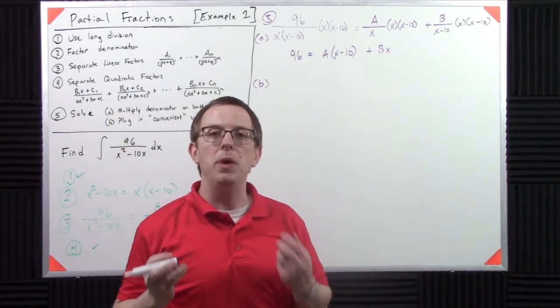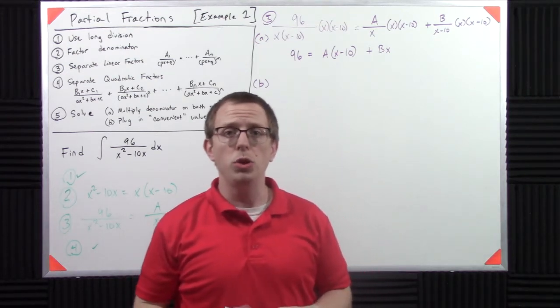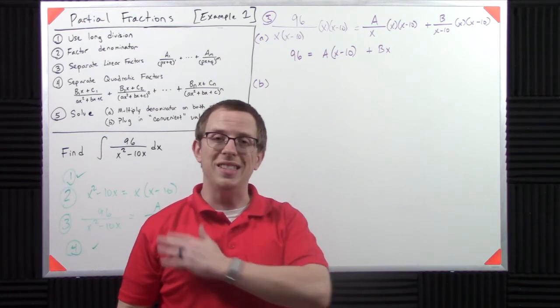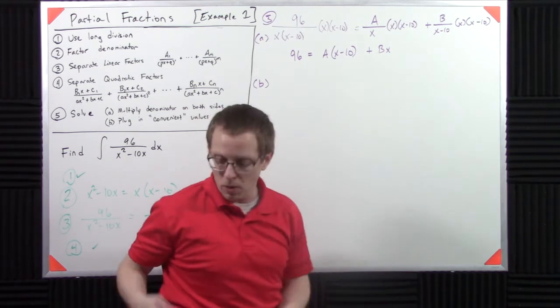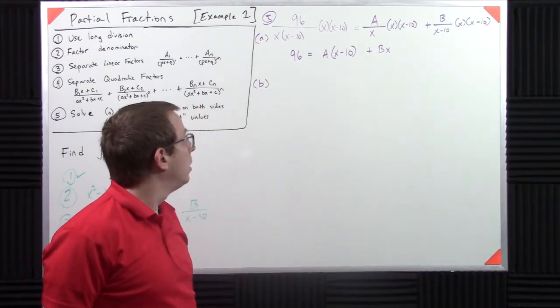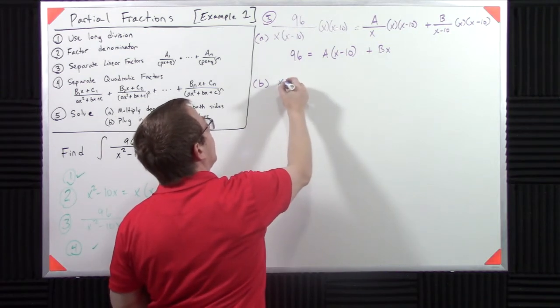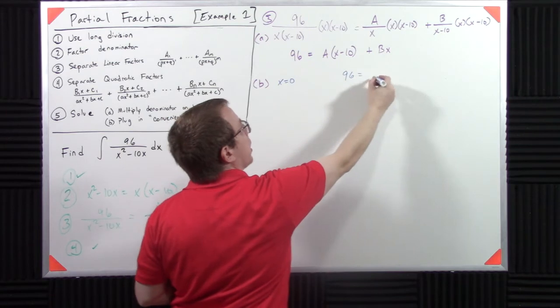What we need to do is pick convenient values. Now, in the case of linear factors, this is actually pretty easy. What you want to do is take values that are just going to zero out the linear terms. So, for instance, if I plugged in 0 here, what happens when x is equal to 0? Then nothing changes there.